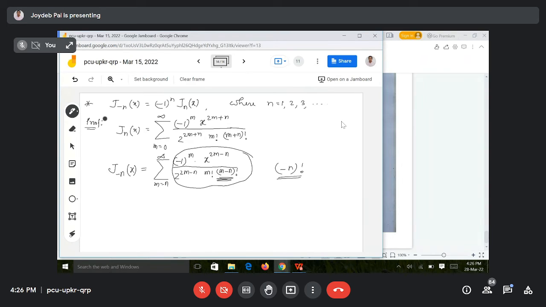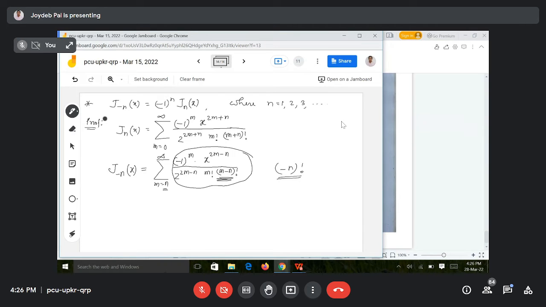Which is undefined. Similarly, if you take m equal to 1, then it is 1 minus n, and if n is greater than 1, then it is also negative. But if we start m from n, it is never negative; 0 and positive are the terms we will get.